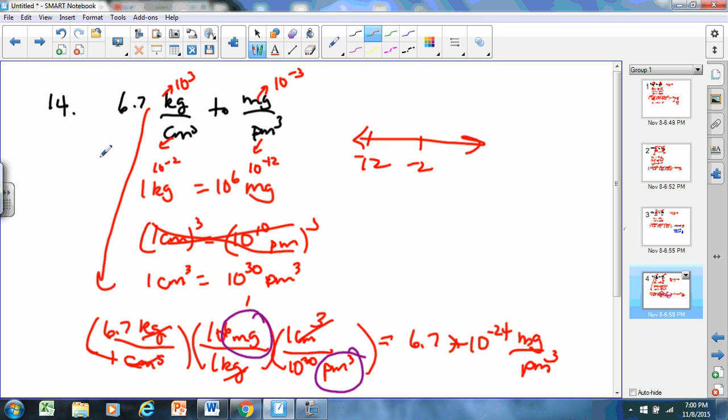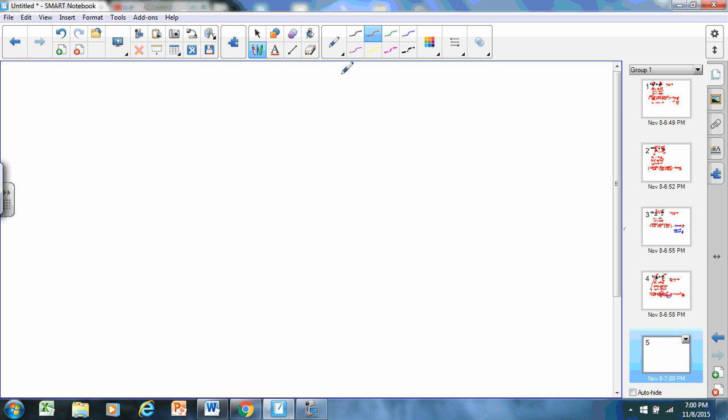And then last problem on level 3 is 0.0037 picoliters per second to microliters per hour.